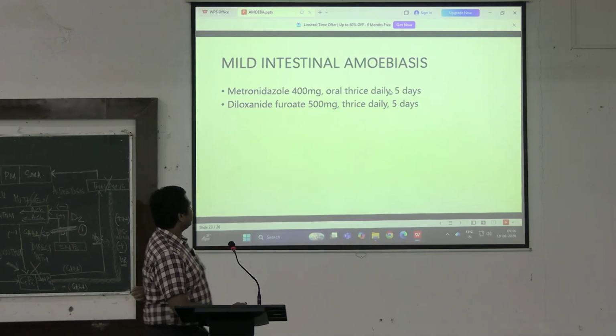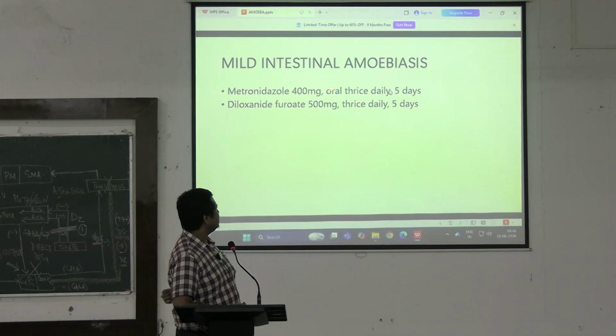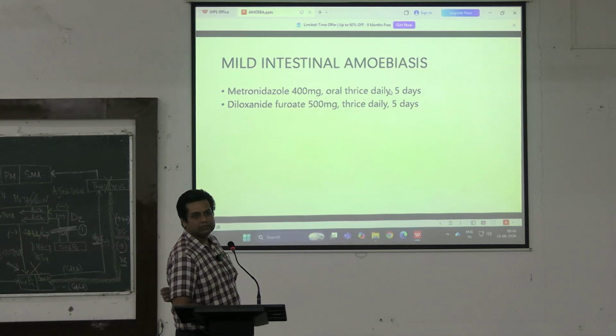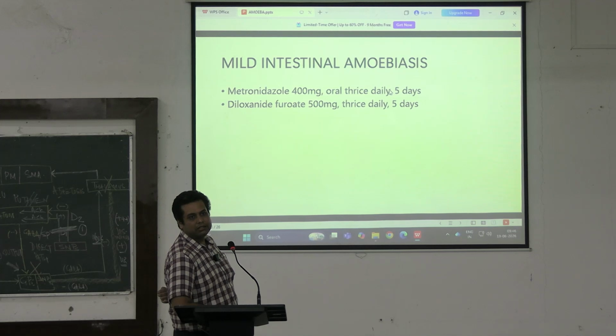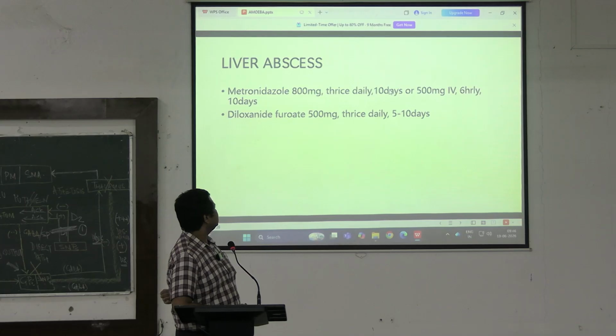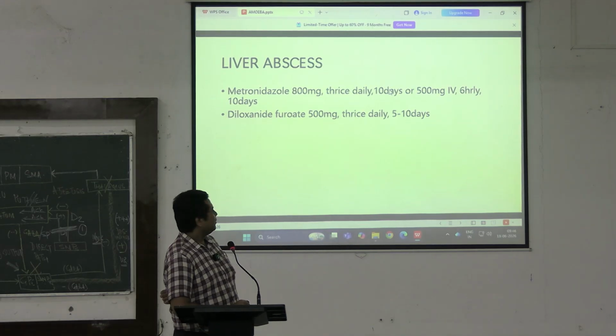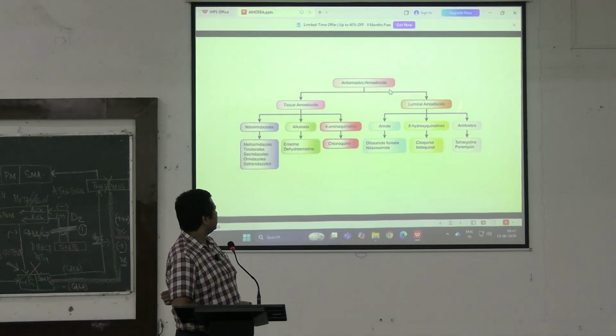So mild intestinal amebiasis 400 mg thrice daily for 5 days plus diloxanide furoate, ঠিক আছে। Liver abscess 800 mg thrice daily for 10 days, or it can also be given IV 500 mg 6 hourly for 10 days, ঠিক আছে, alongside with diloxanide furoate, ঠিক আছে। So another the same thing what I have shown earlier, ঠিক আছে। That's all for today.